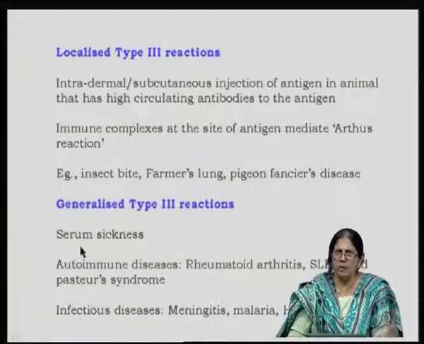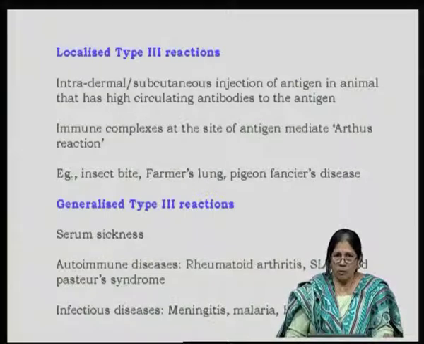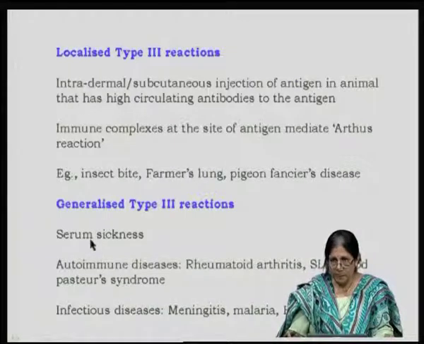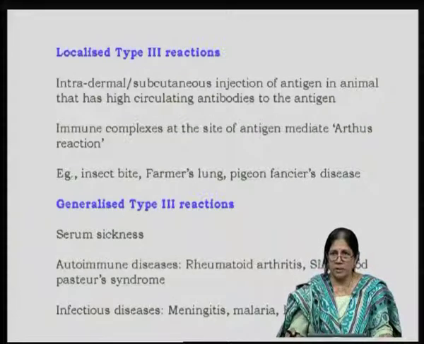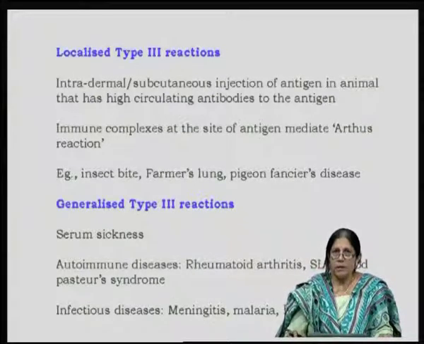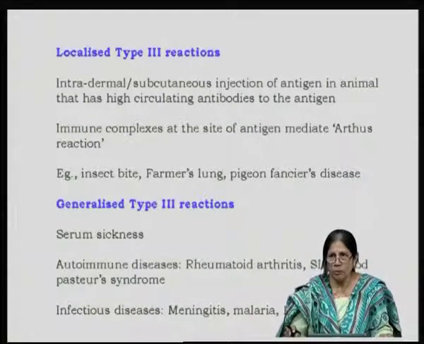Now, when would you think of serum sickness? What comes to my mind immediately is when a person has been bitten by, let us say, a poisonous snake, and the only antidote that is available right now is horse serum, which is given to people who are bitten.